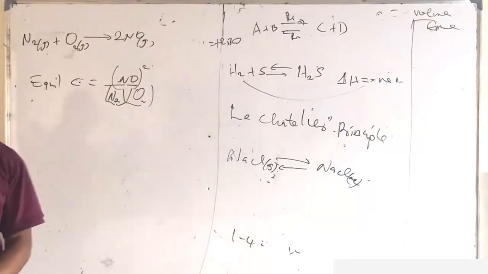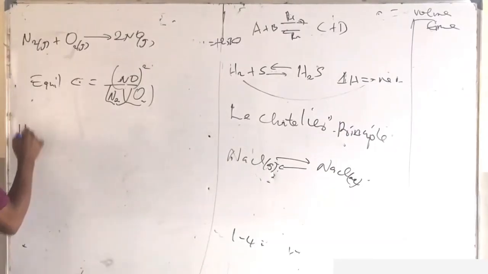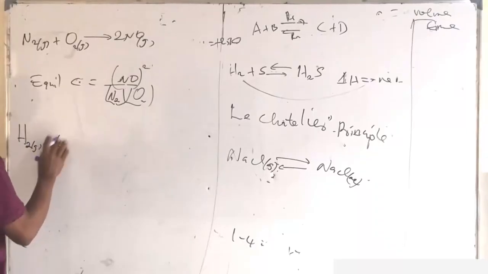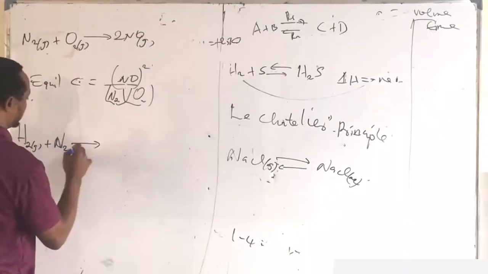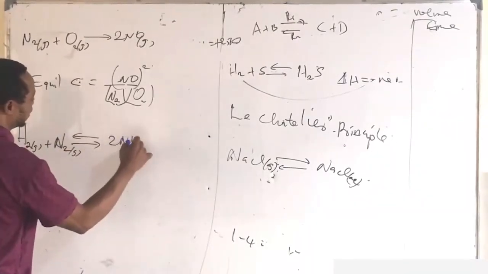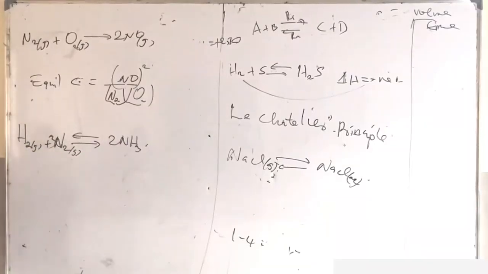Now, let me give you an example. You have this now again. Gaseous gives me 2NH3. Now write the constant here, the constant of this reaction.